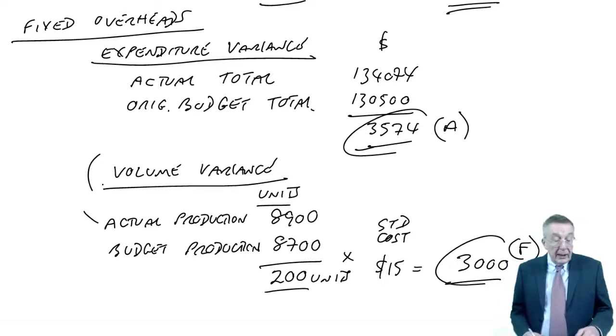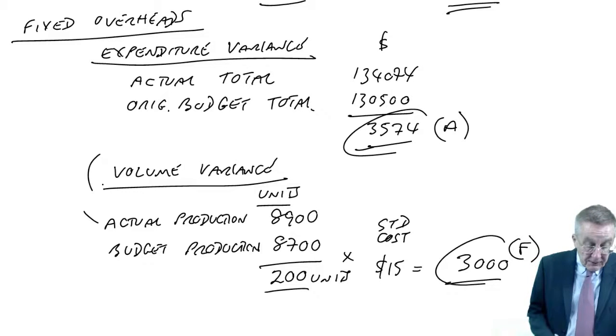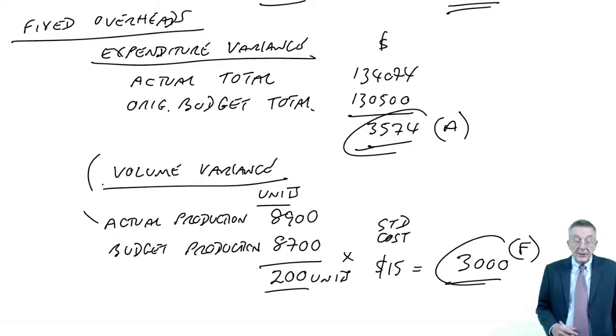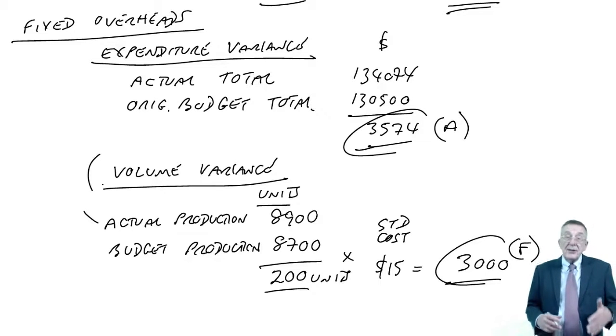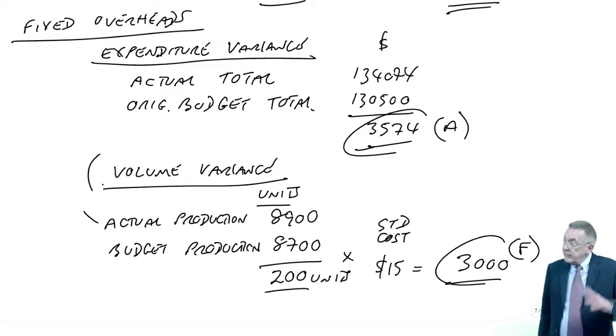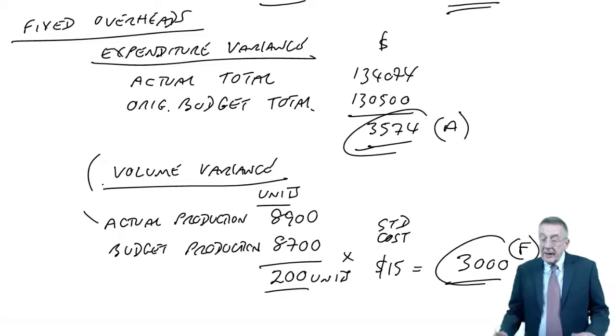However, although we've now dealt with all the costs, there are two other things that have affected the profit as to why we're not making budget profit. And we effectively did discuss them earlier when I did the flex budget.